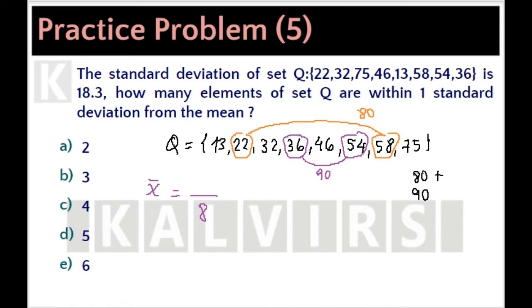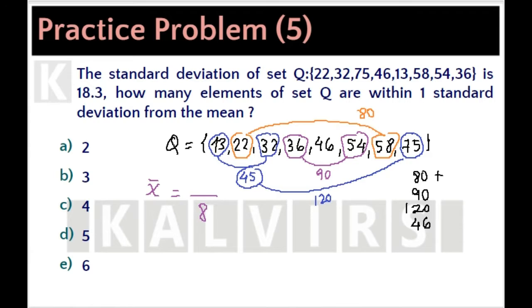Now we have 32 plus 13 is 45, and 45 plus 75 is 120. And finally 46, so we have to add all these numbers. 6 here, 8 and 2, 10, 9 and 4, 13, 13 plus 10, 23, here 2, 2 plus 1, 3.